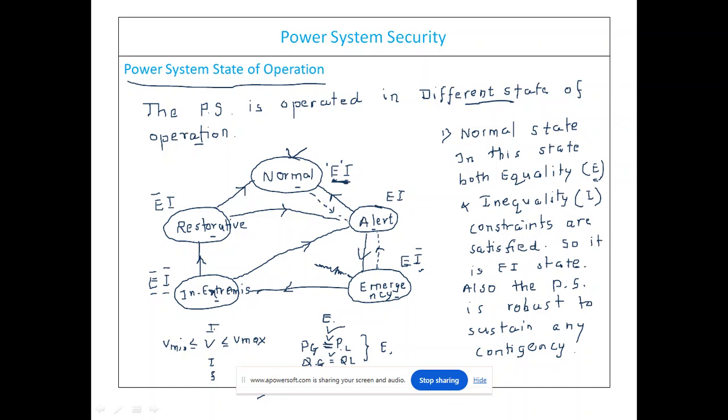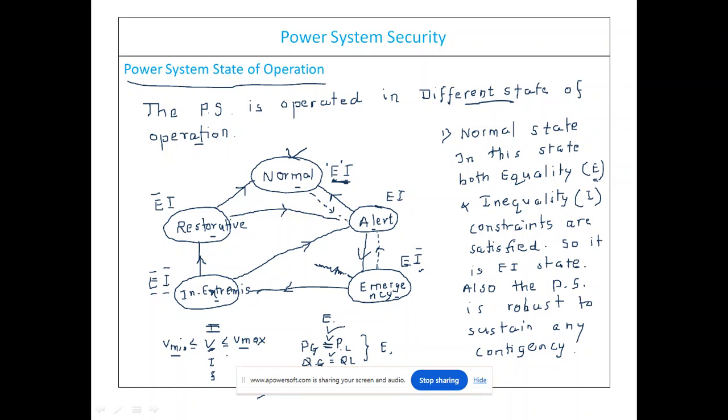Now the second one is I. I means inequality. What is meant by inequality? Now in the power system there is voltage at different points, there is current, there is frequency, the line flows, the relay settings and all. Now if the operating parameters in the power system are within the limits, for example voltage: if the voltage at every point in the power system is less than some maximum value and greater than some minimum value, then we say that inequality constraint is also satisfied.